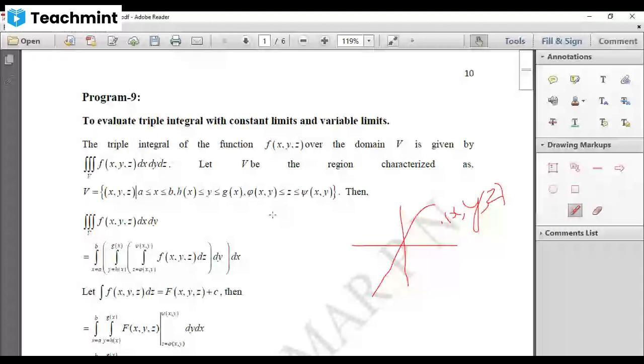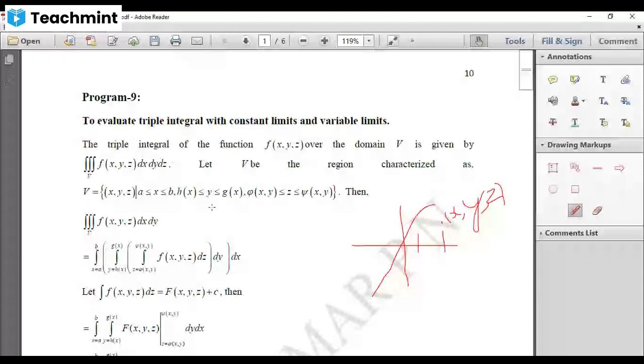So here, what are the conditions? We are saying that x can vary from a to b. So the region for x is from the line a to b. Suppose this is the x-axis, and this is a, then this is the region. You draw the straight lines x = a and x = b. That is the region for x.